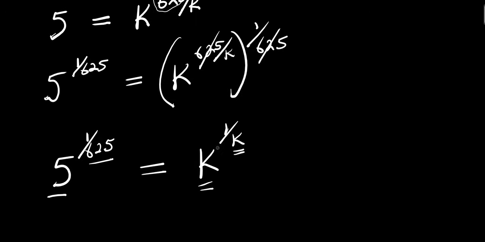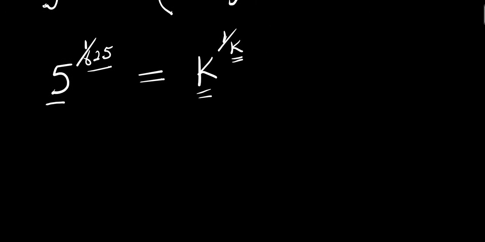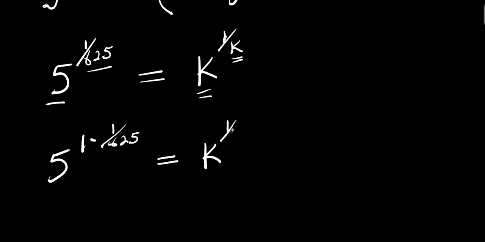So what we are going to do will be to consider this trick. I can have 5 power 1 times 1 over 625 equals k power 1 over k. So from here, I can replace 1 with 5 over 5. 1 is the same thing as 5 over 5, so that I will have this and this to be the same.